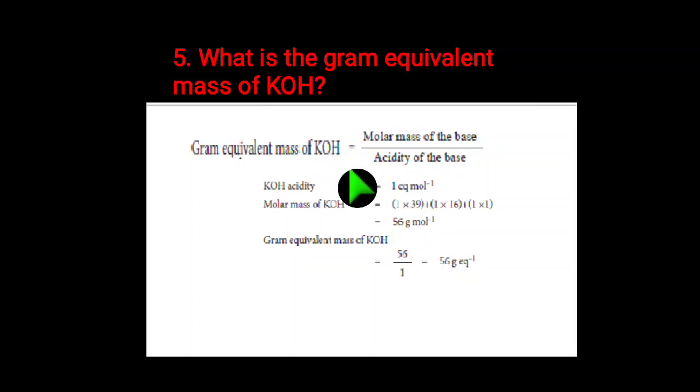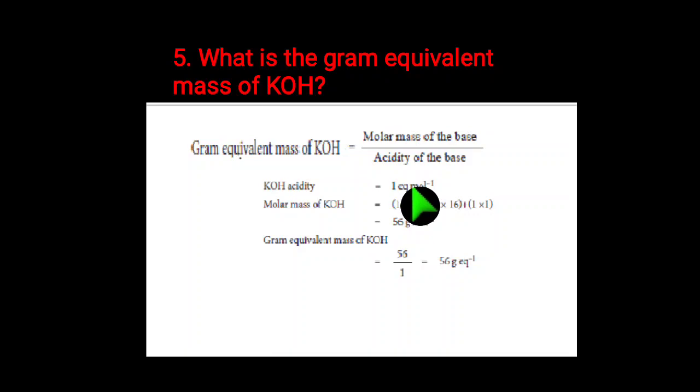How can we say it is a base? It donates OH minus, so it is a base. KOH acidity: how many OH are replaced by acid H plus? Only 1 OH. So the acidity of KOH is only 1.